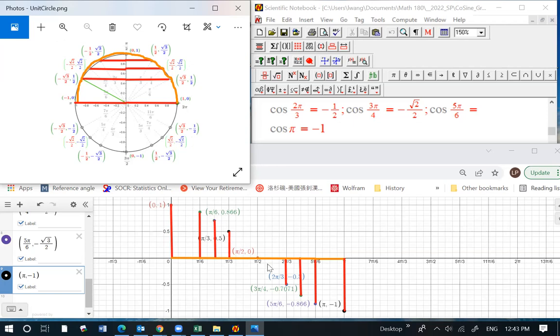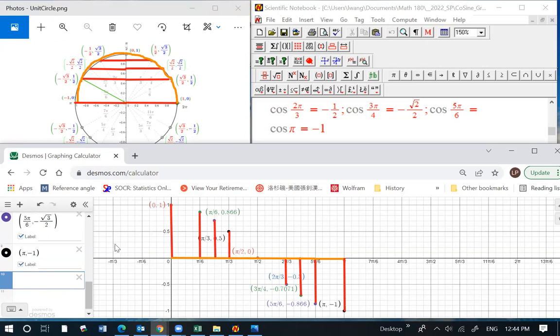Now we're almost there. We have finished up to pi. We'll finish this entire interval. So let's do 7 pi over 6. And this time I'm only going to draw the dot.